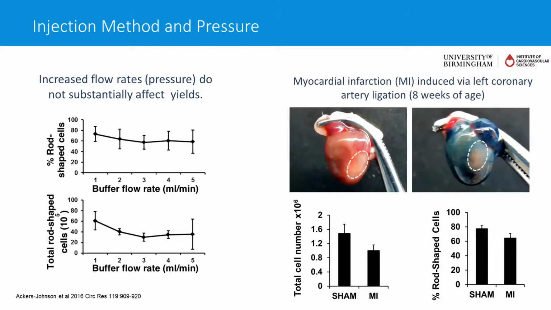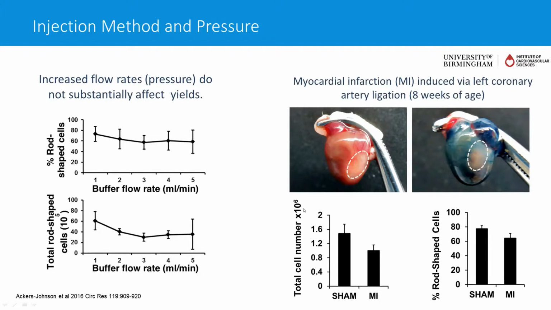But equally, some of the more recent work, which is not published yet, has been looking at the MI models. So the artery ligation was used to induce a myocardial infarction in 8-week-old mice, and you can clearly see that this region here has not been perfused very well, so it's not stained with a dye.